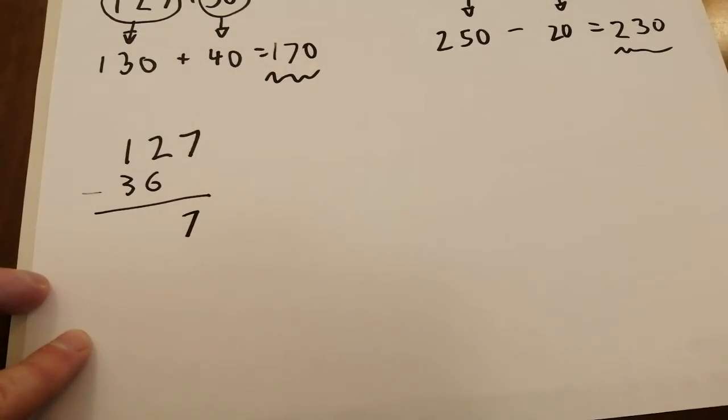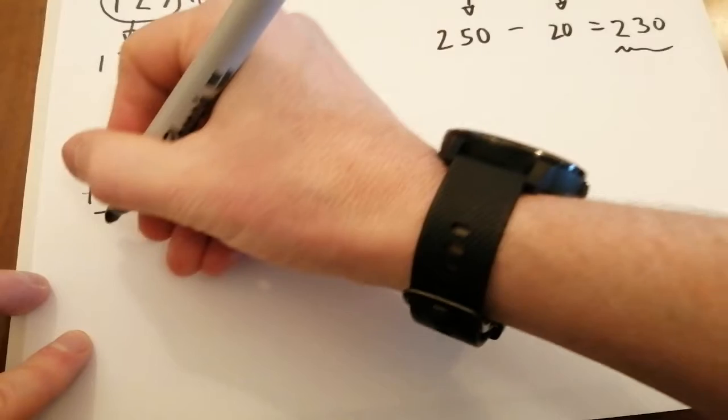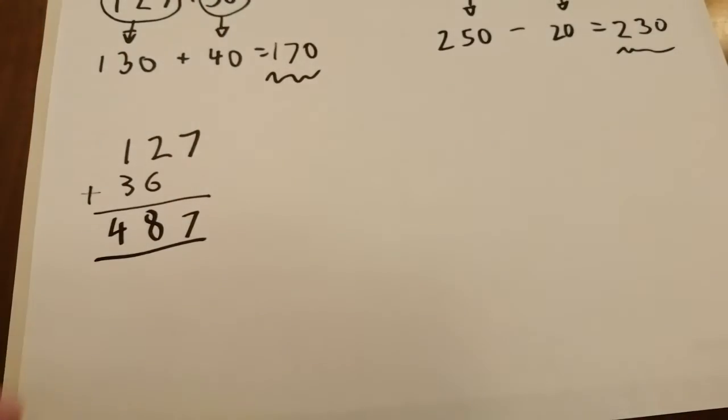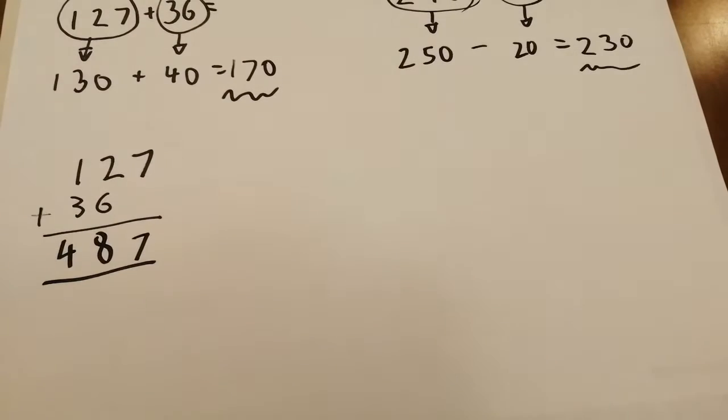Then we're adding here, 7 plus 0 is 7. 2 plus 6 is 8, and 1 plus 3 is 4. The answer was 487. Okay, now if we look at this 487 and this 170, something's gone wrong.